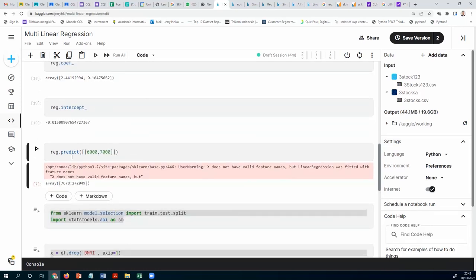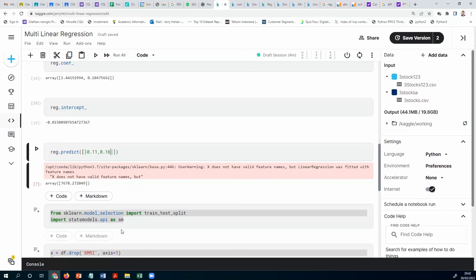Let's predict what happens if the Jakarta Stock Exchange return is 11% and the return from Telkom is 0.16%.